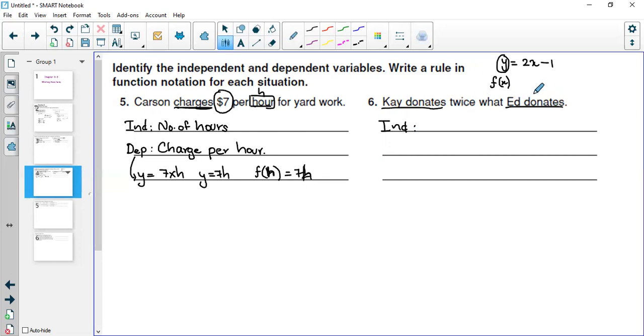So if Ed donates 1, K will donate 2. If Ed donates 4, K will donate twice of that. So Ed's donation is completely independent. Ed can donate as much as he wants. So this is Ed's donation. And which is the dependent variable? K's donation depends on Ed's donation, right? So dependent is K's donation.